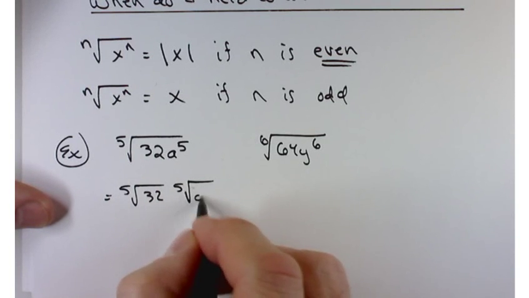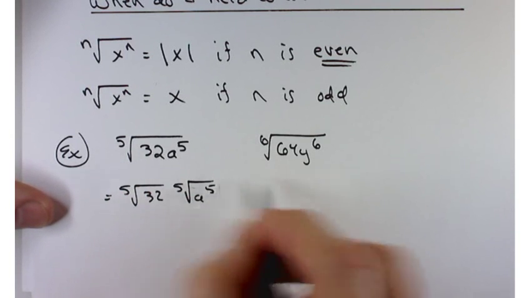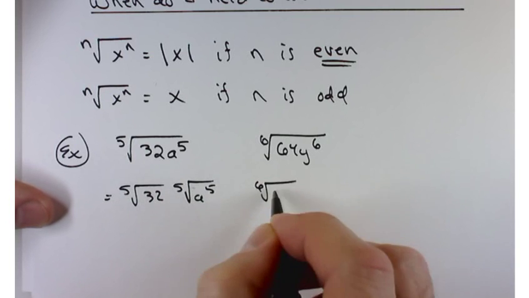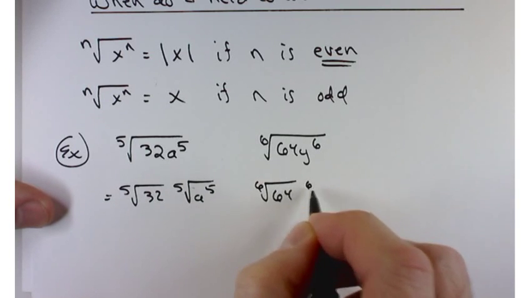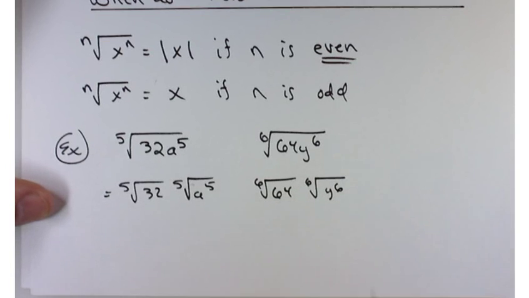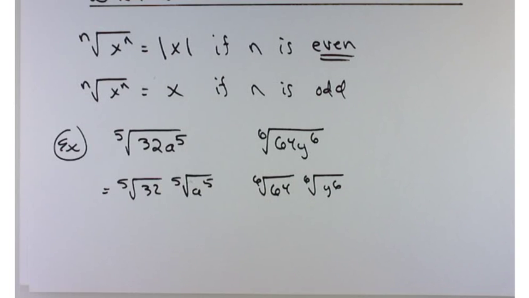Since you have a product here, you can break these up. Carefully use these ideas about when to use the absolute value and when not to use the absolute value. Let me give you a few seconds to work on that, and then I'll have you compare notes with a neighbor.